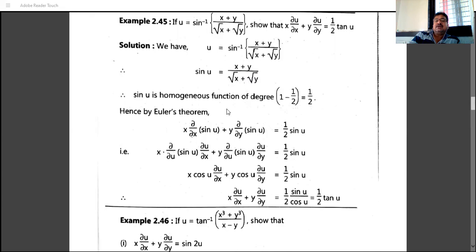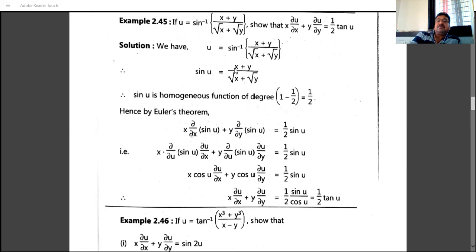And so by using Euler's theorem, suppose this function is denoted by f, then by Euler's theorem, x ∂/∂x of f, that is sin u, plus y ∂/∂y of sin u.